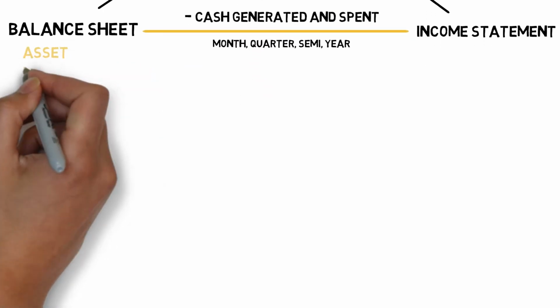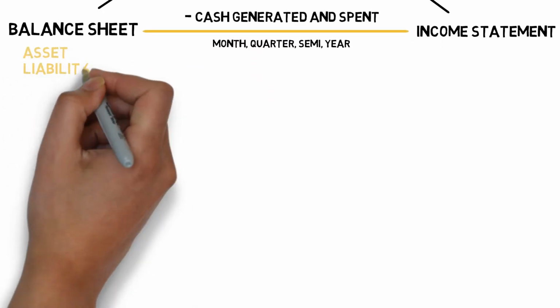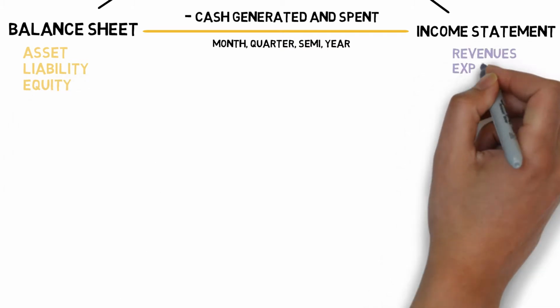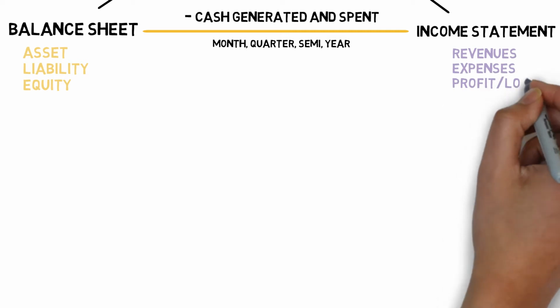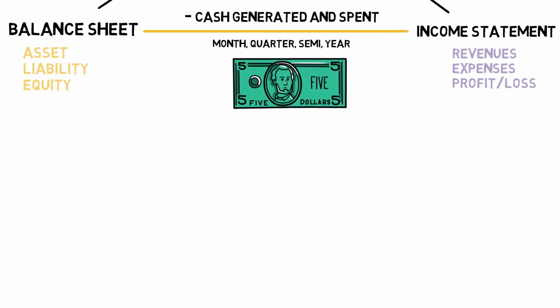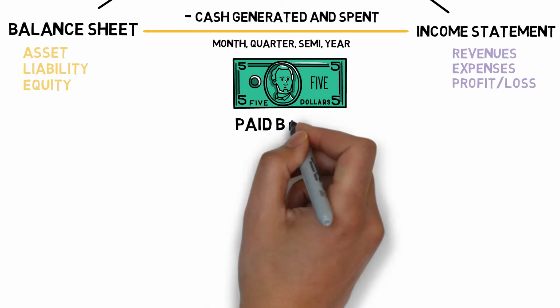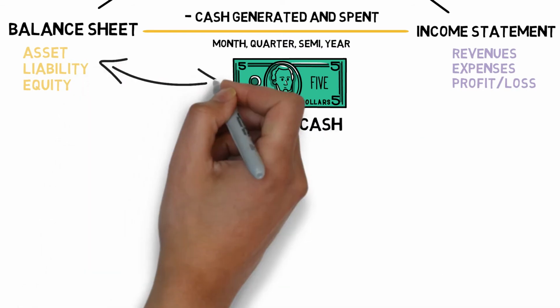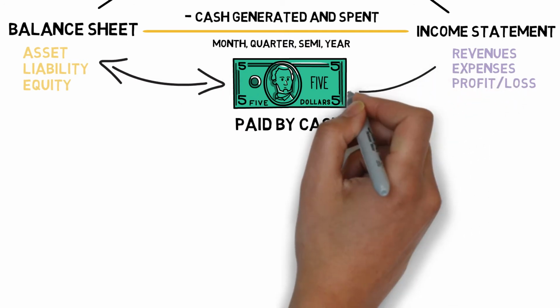The statement of cash flows acts as a bridge between the income statement and the balance sheet by showing how money moved in and out of the business. While a balance sheet shows the worth of any asset, liability, or equity, an income statement shows the sales generated and expenses incurred, but both statements don't give information about the cash on hand of a business and expenditures incurred and paid by cash, as cash is the blood of any business that runs through the business in day-to-day activity.